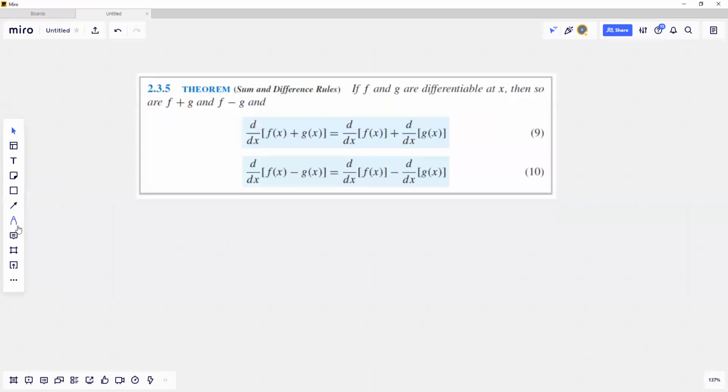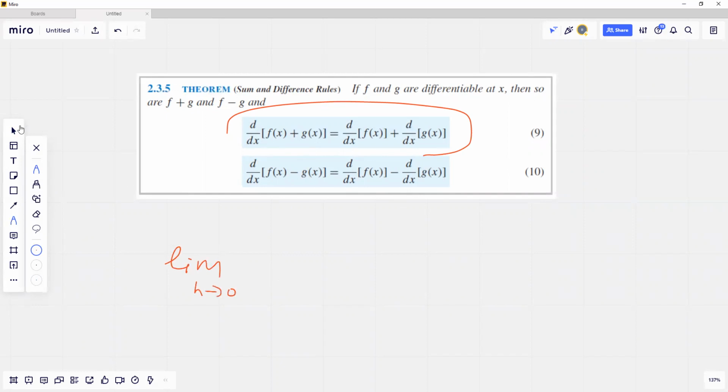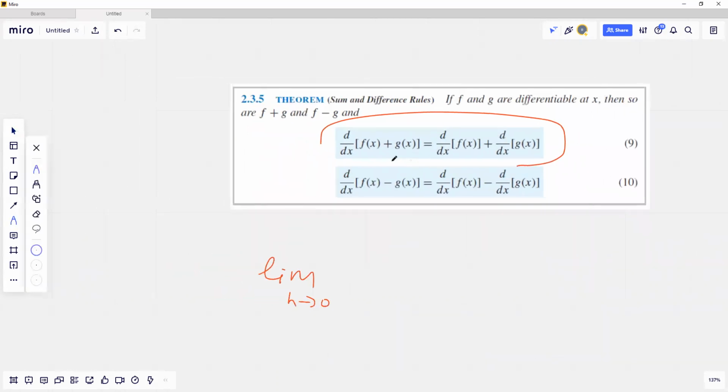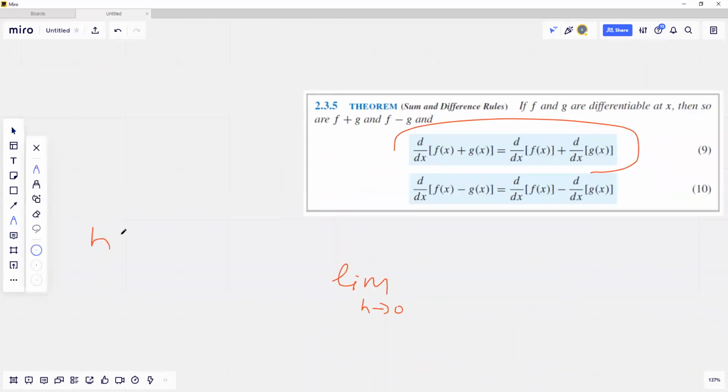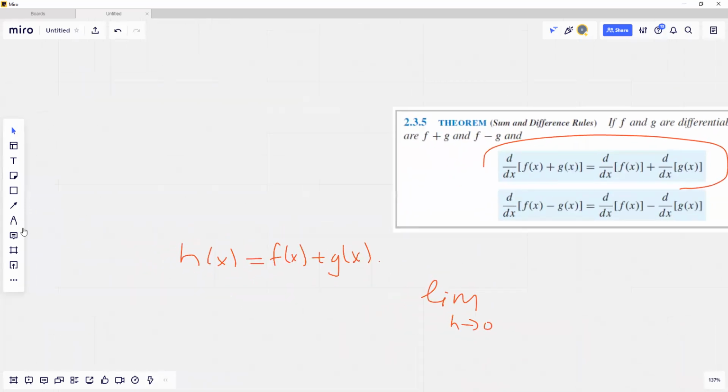Let's show the proof for this statement here, and for the second, it's similar. Limit as h is approaching 0. Our first function is going to be, let's call that some function, defined as a sum of function f of x plus g of x. Let's use a different letter.